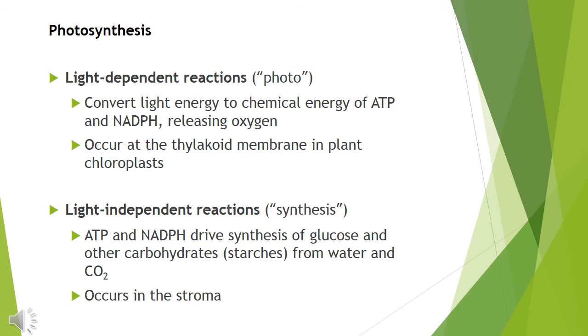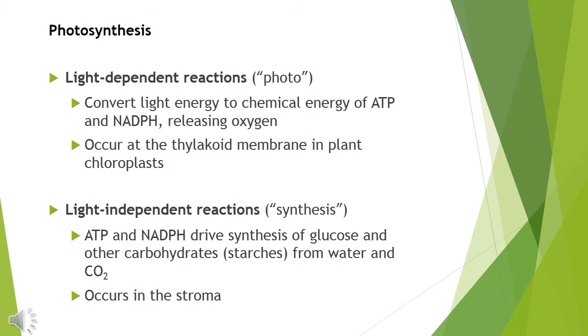The light independent reactions are going to be using that ATP and the NADPH from the first part of the reaction, and it's going to make the glucose, which is going to be how animals and organisms get their energy. They're going to use the form of glucose, right?